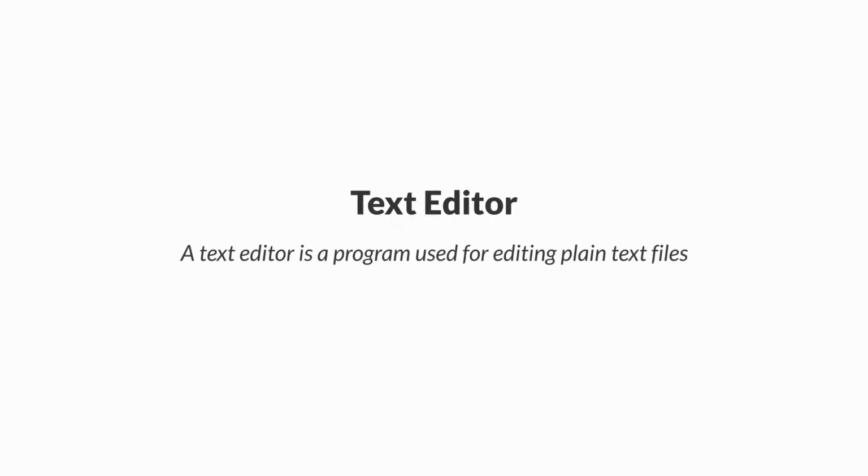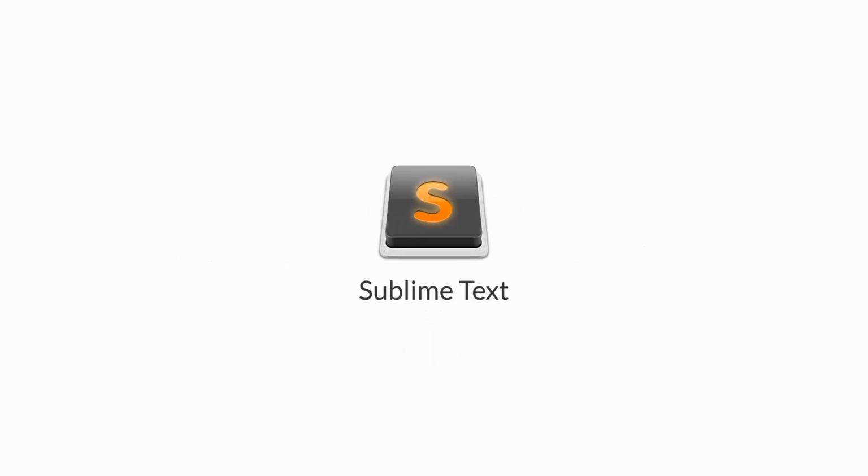So a text editor is a program that allows you to open, view, or edit plain text files. So Notepad is a text editor. But the drawback of using Notepad is that it does not help you in writing your code. Because of that, we're going to use a text editor called Sublime Text.